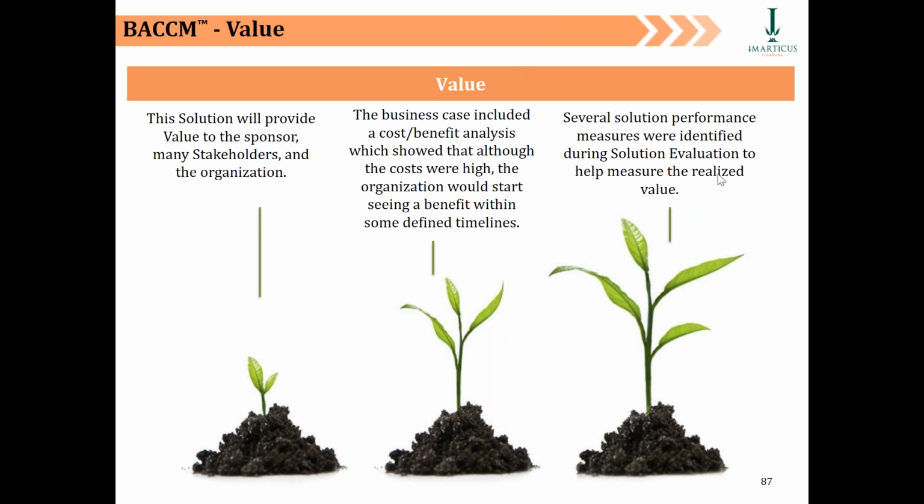Solution performance measure. Wherever you see the word measure, please understand that it is essentially something called key performance indicator or KPIs. So the solution will work, but how do you monitor? You said we did a COTS implementation or we did a SaaS implementation. We got the solution of customer service automated, okay, but how do you monitor that the solution is now bringing you value?